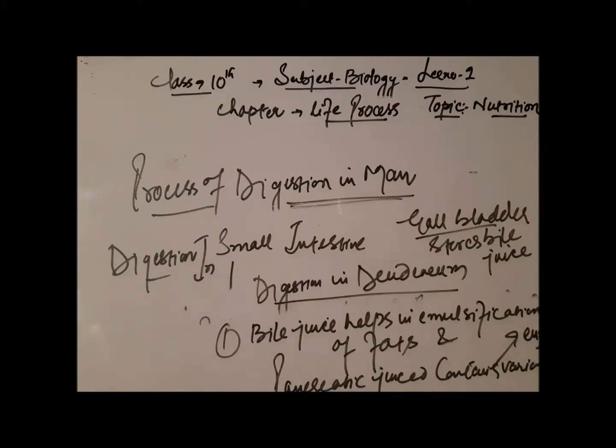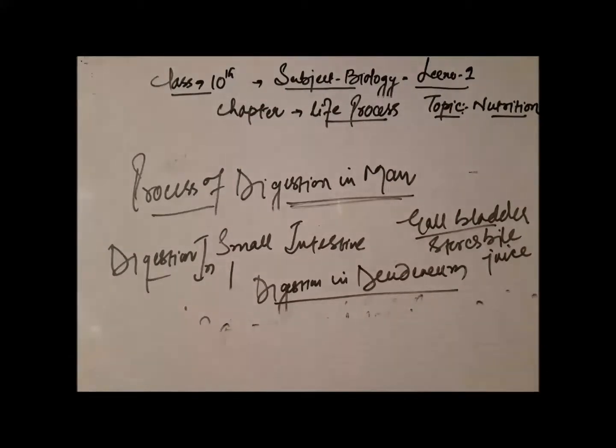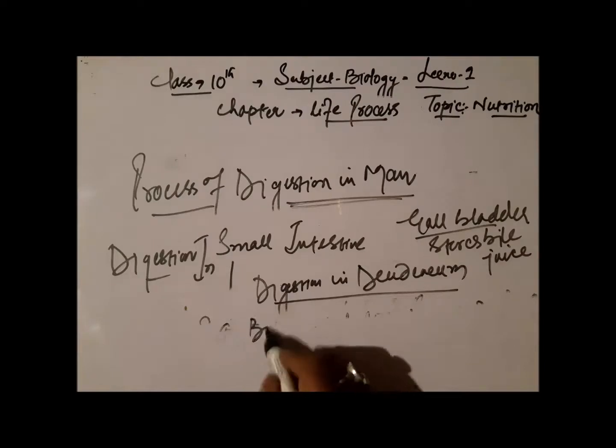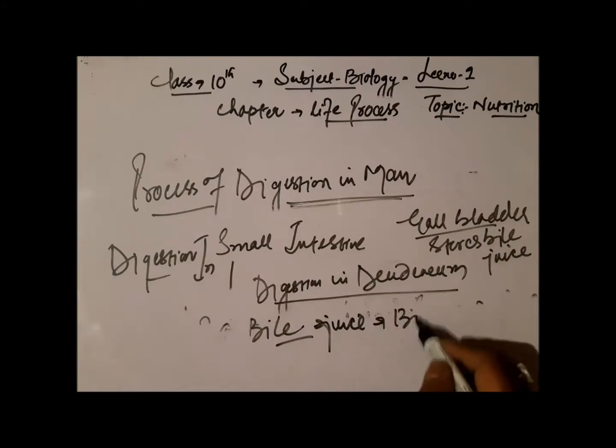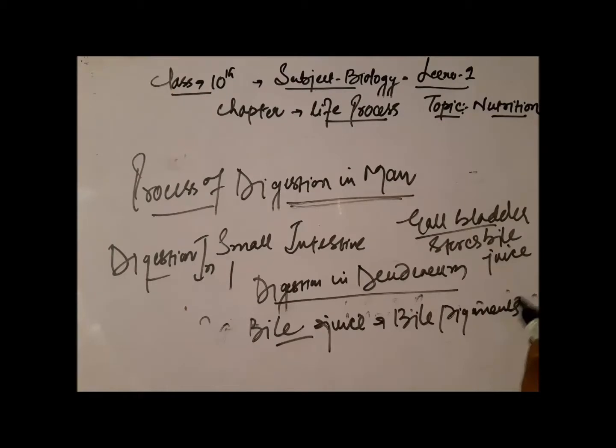In bile juice, there is no enzyme. There is the presence of bile pigments, and number two, the presence of bile salts.